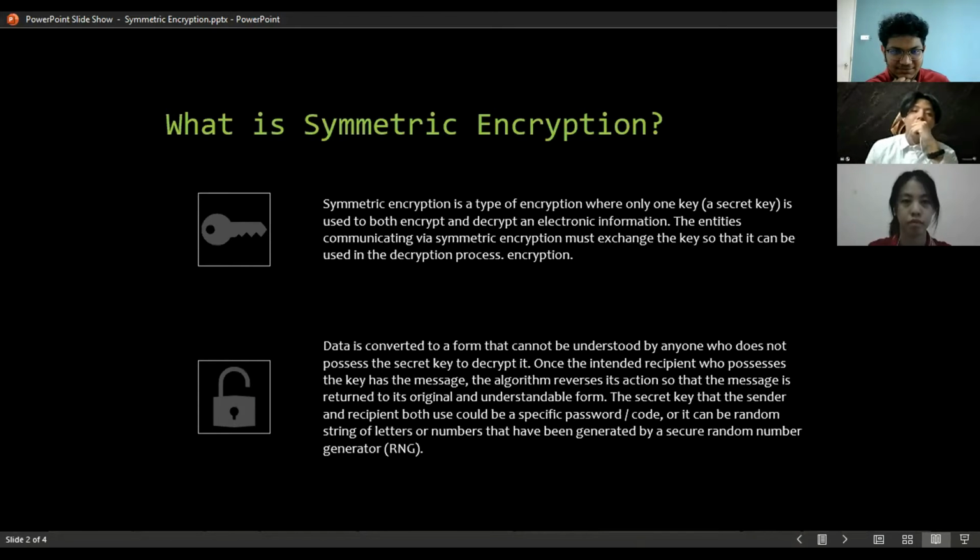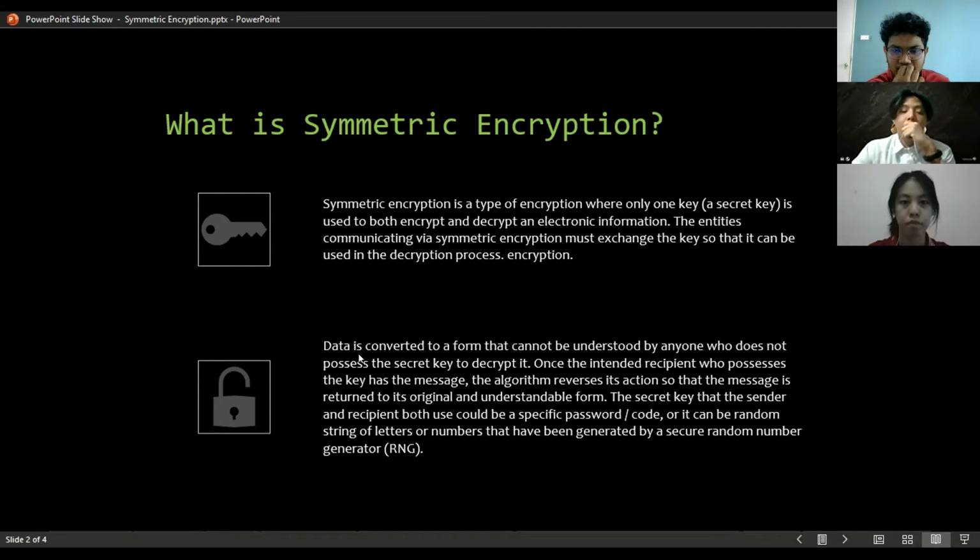Symmetric encryption. What is symmetric encryption? Symmetric encryption is a type of encryption where only one key, a secret key, is used to both encrypt and decrypt electronic information. The entities communicating via symmetric encryption must exchange the key so that it can be used in the decryption process.